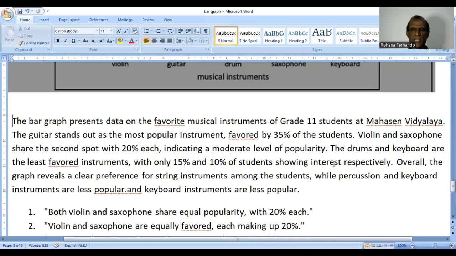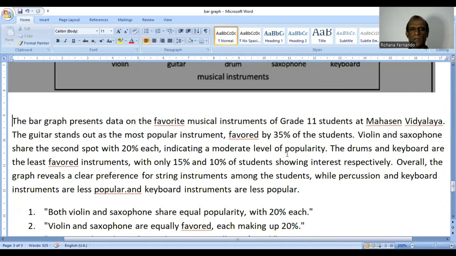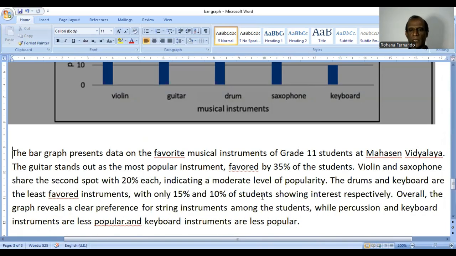Drums and keyboard are the least favored instruments, with only 15% for drums and 10% for keyboard. 15% and 10% of students show an interest respectively. This is another sentence pattern.